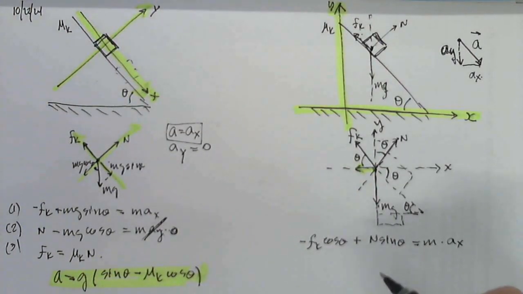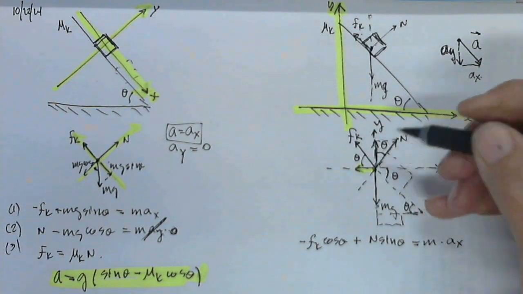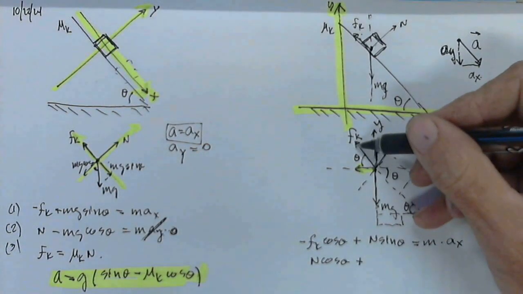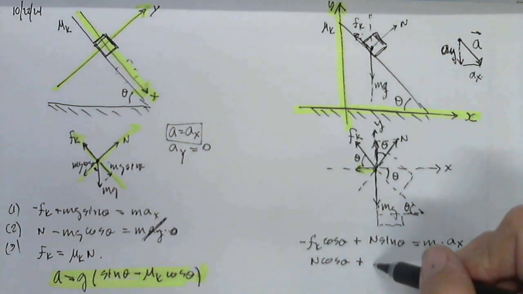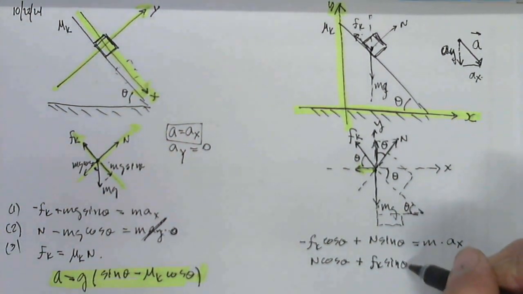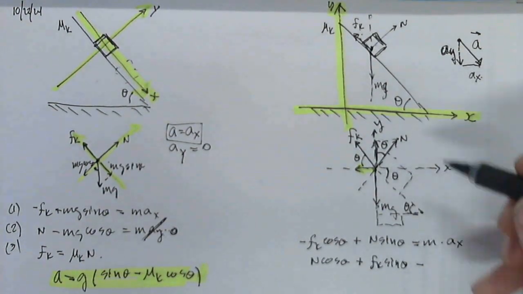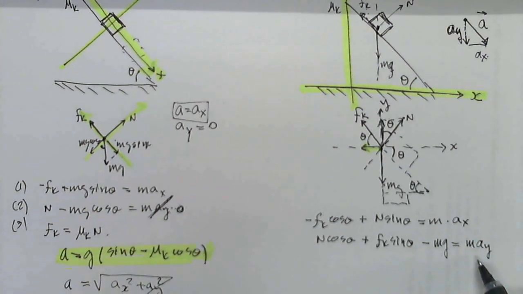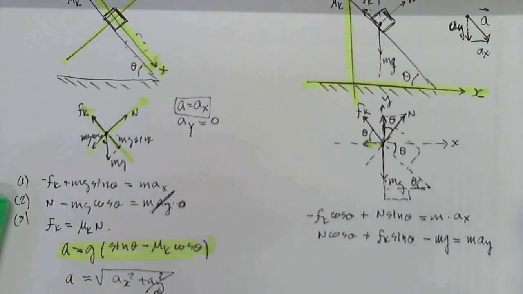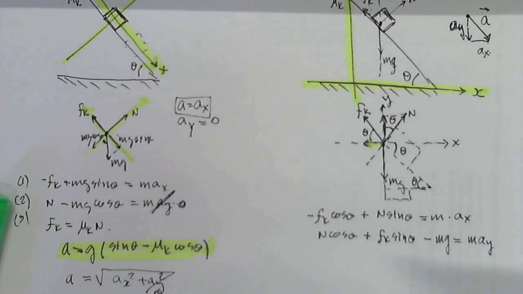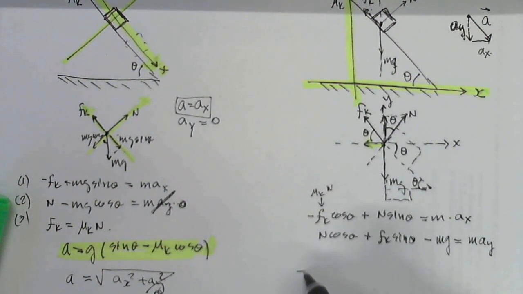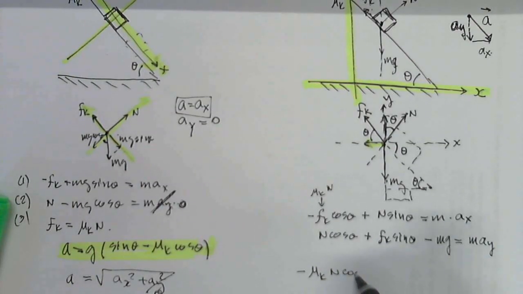And then the other equation is going to be n cosine of the angle, this piece over here, positive, and Fk sine of the angle, mg without components, that's convenience. And now there is acceleration in the y-axis. And now this looks like it cannot be solved. And yes, we know that friction is mu k times the normal force. So I'm going to rewrite the equations like this.